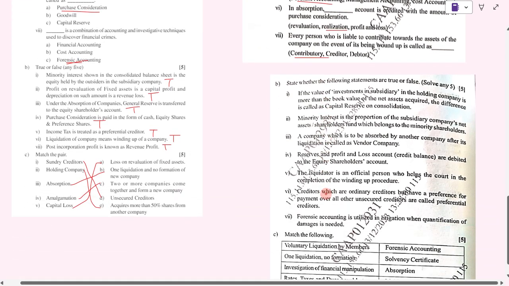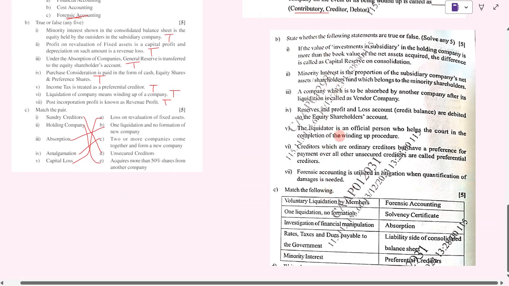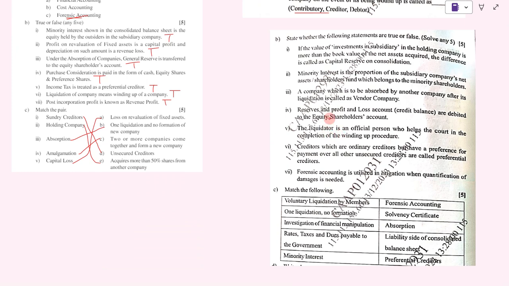Next, true or false? This paper is of October 2023. Next, if the value of investment in subsidiary in the holding company is more than the book value of net assets acquired, the difference is called capital reserve on consolidation. False.